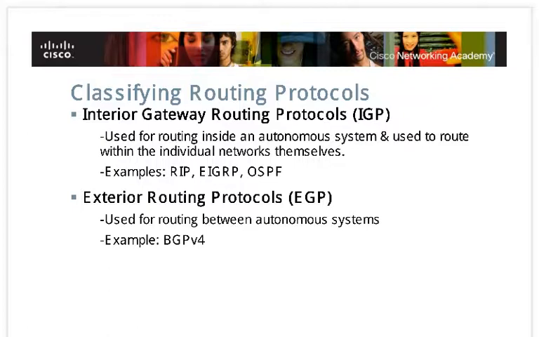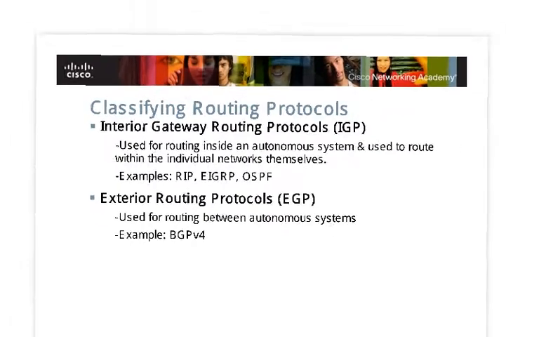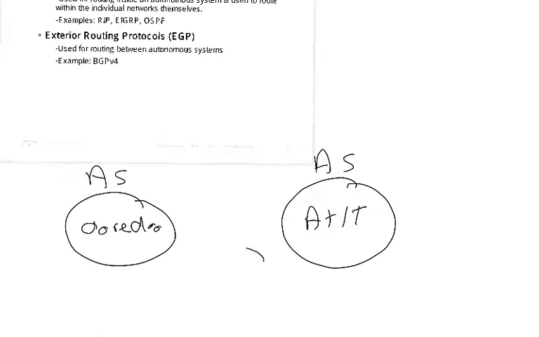For example, we can have one autonomous system under the control of Ooredoo, one autonomous system under the control of AT&T, and one autonomous system under the control of Verizon, let's say. So you have one autonomous system, this is Ooredoo. Let's say there's another autonomous system, this is AT&T, and another autonomous system, and this is, for example, Verizon.